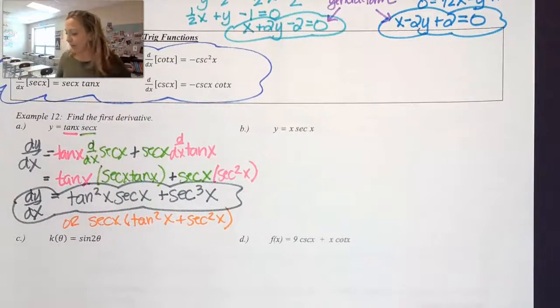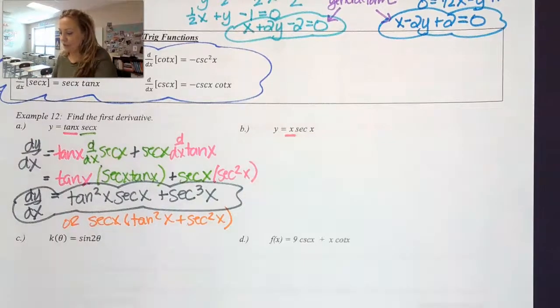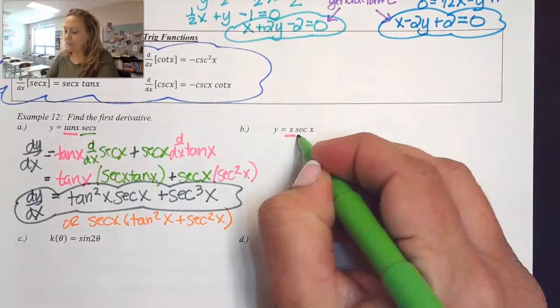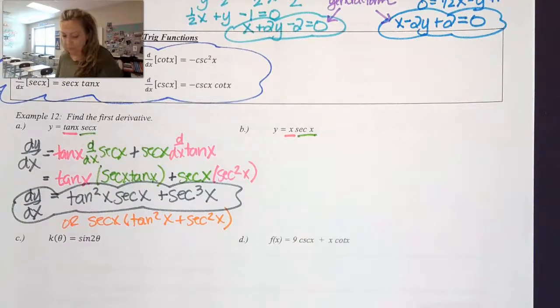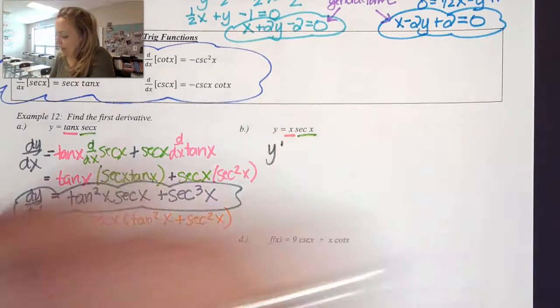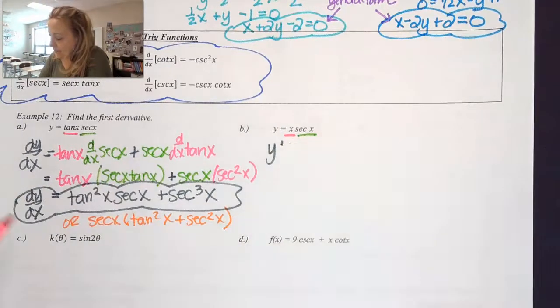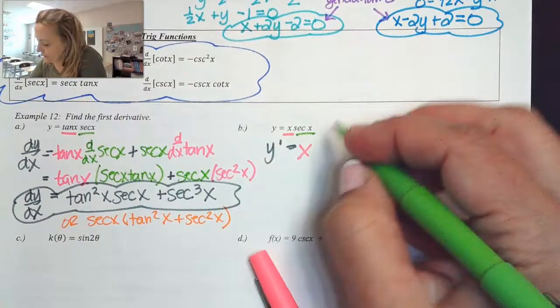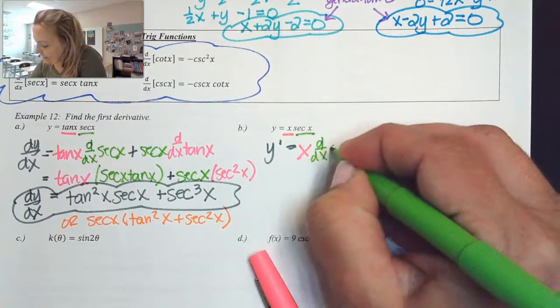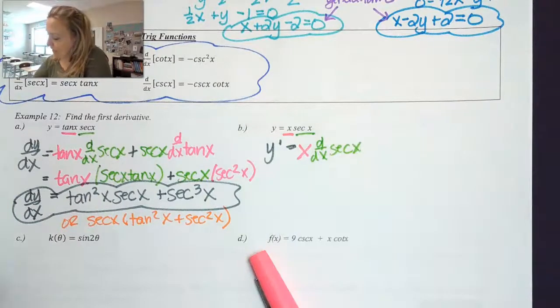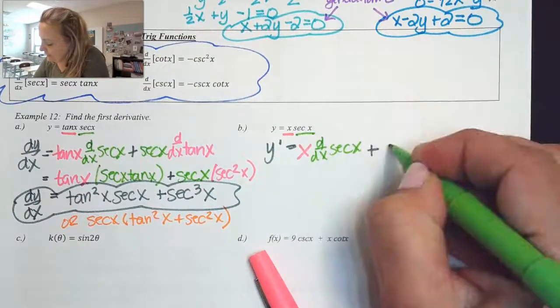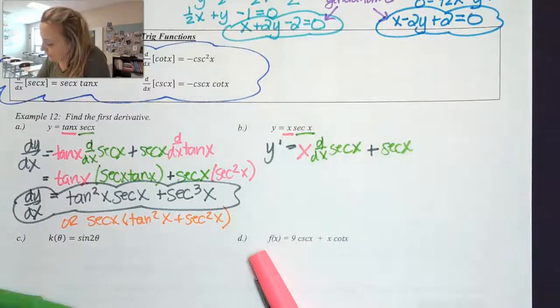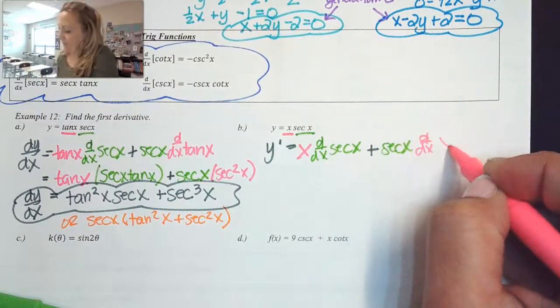In letter B, I have y equals x times the secant of x. Again, I have a function involving x multiplied by another function involving x. So once again, I'm going to be using our product rule. So to find my derivative, I'm going to take the first times the derivative of the second plus the second times the derivative of the first.